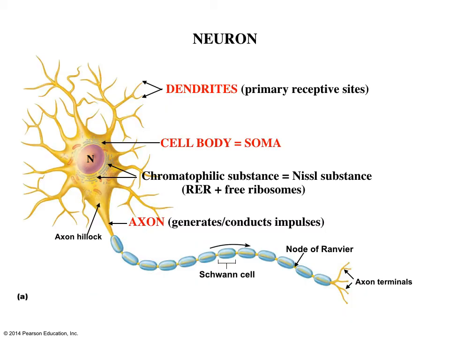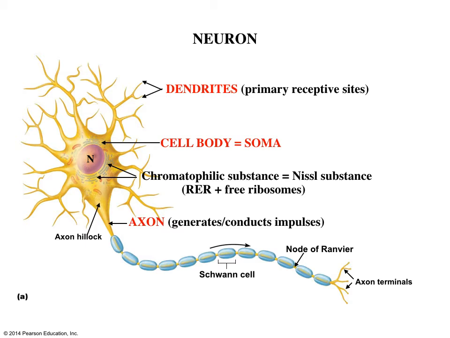Basic structures of a typical neuron. 3 parts. Cell body, typically the biggest, not the longest. Cell body contains the nucleus. It also contains clusters of rough endoplasmic reticulum plus free ribosomes. Remember, these make proteins.